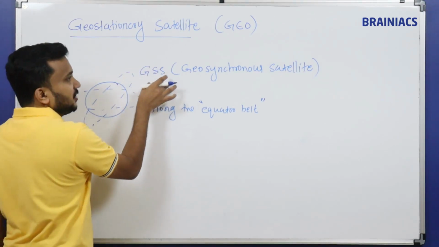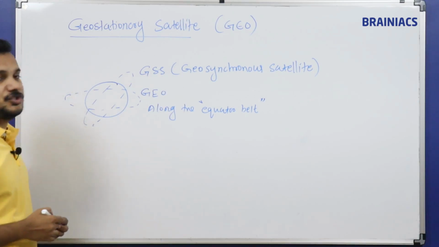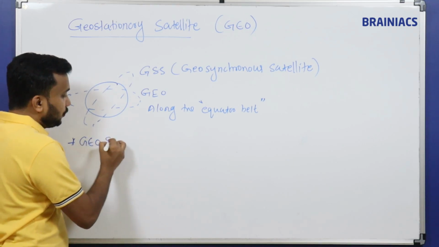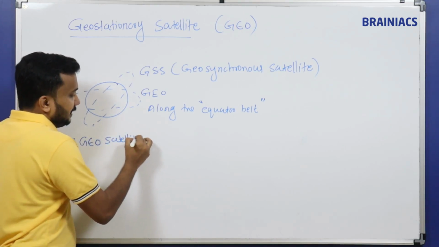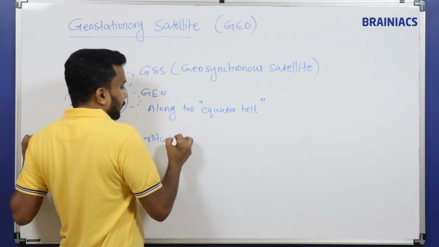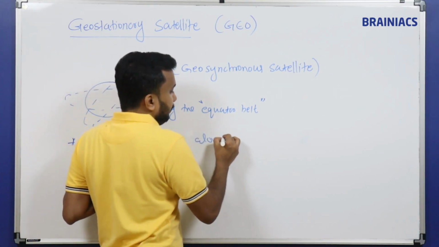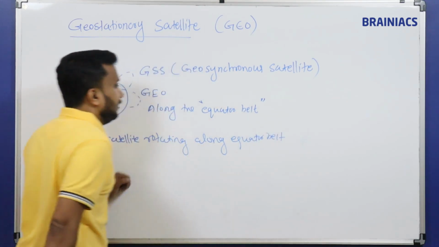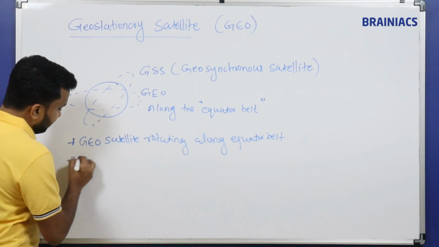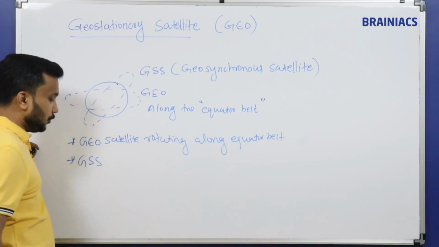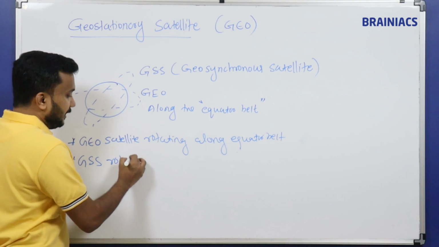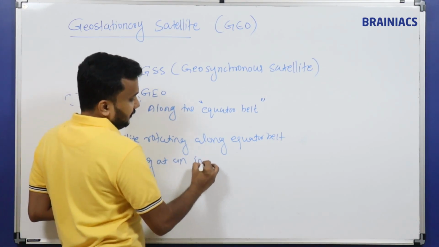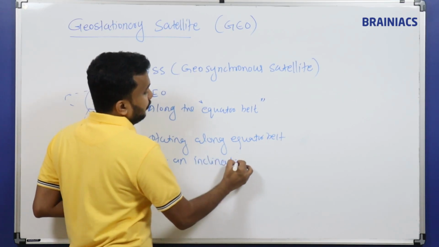So GEO and GSS are the same; the only difference is the way in which they rotate. GEO satellites rotate along the equator belt, while GSS satellites rotate at an inclination.